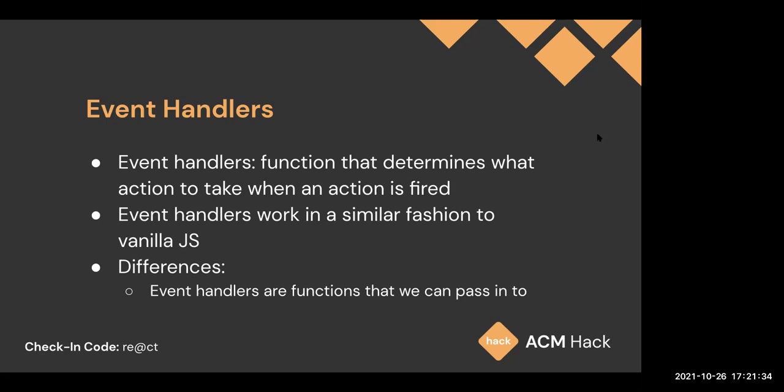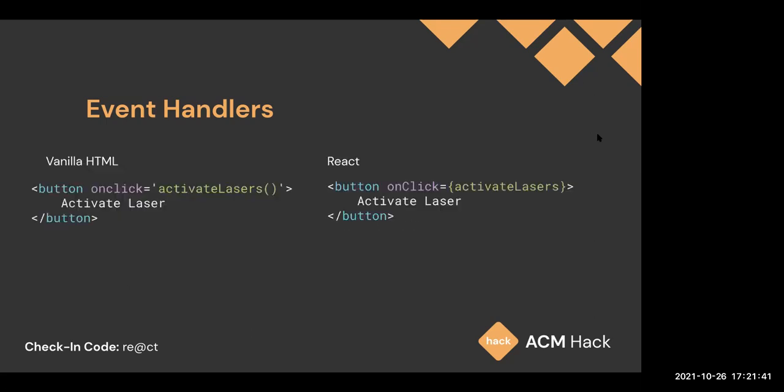These trigger events, and event handlers are the way to handle those events. Event handlers work in a similar fashion to JavaScript, except for the difference between how it would work in vanilla HTML versus in React.